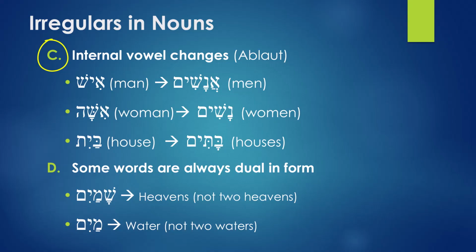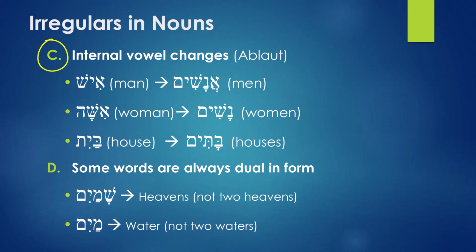So ish, instead of it being ishim, because ish is masculine, it means man, it's going to become anashim. So when you see the word anashim, know that it's a plural form for man. Ish, anashim. Man, men. This is called ablot. Internal vowel changes. The spelling pattern is going to change.